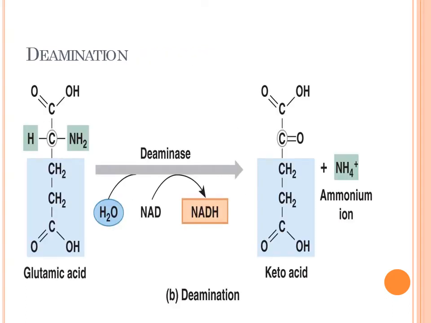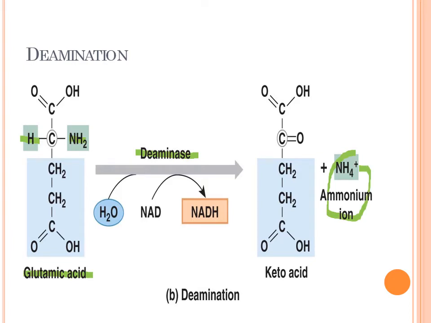Here we've got the deamination of glutamic acid. So using a protein deaminase in the presence of water and NAD, we form an NADH, and we have removed the hydrogen and this amino group and created this ammonium ion.